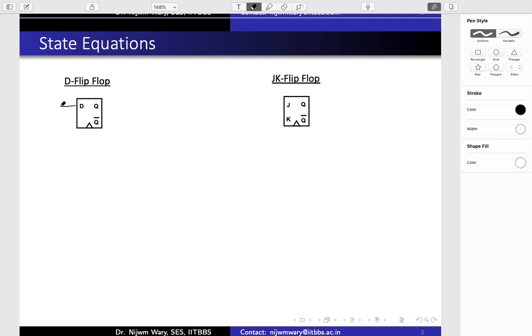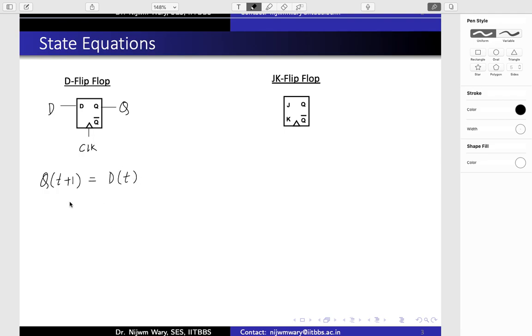Suppose the input is D and the output we are representing with Q. How do we represent the operation with equations? Of course I have this clock, and the state equation is written as Q t plus 1 equal to D t.